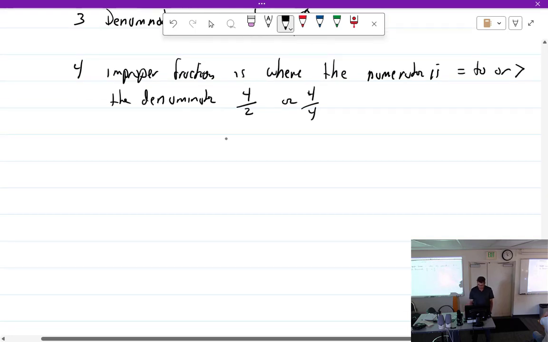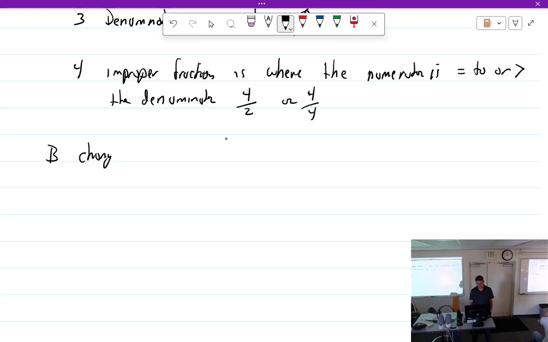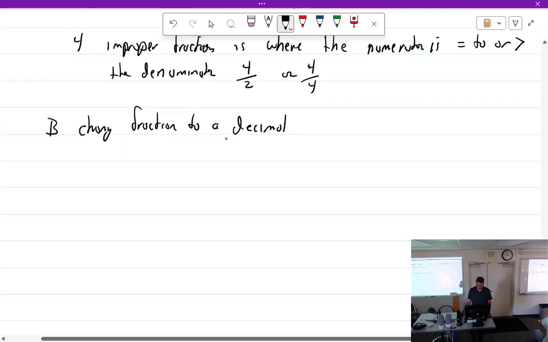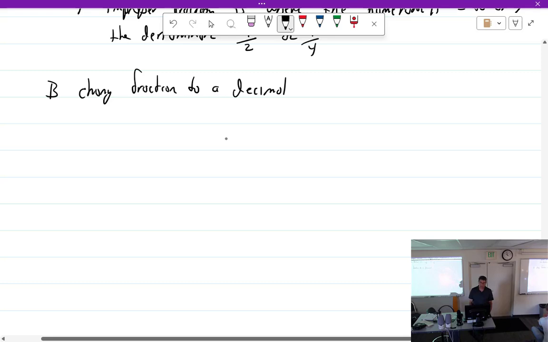You're going to find that you often have to change a fraction to a decimal, or decimals to fractions, fractions to decimals. A lot. I don't know why that happens. How do you do that?